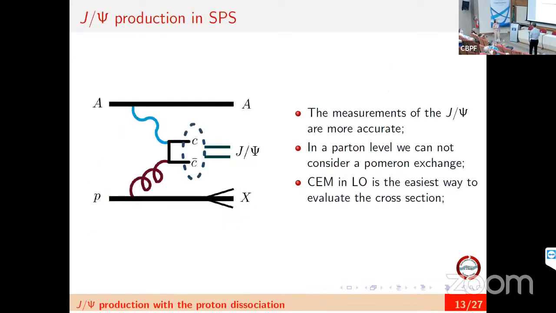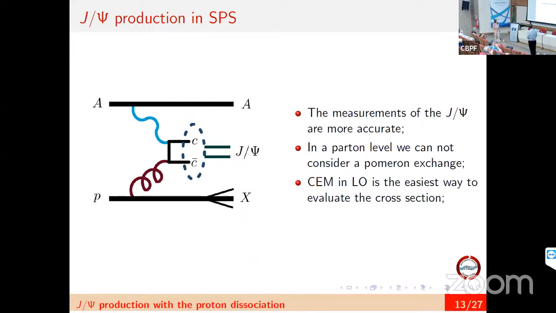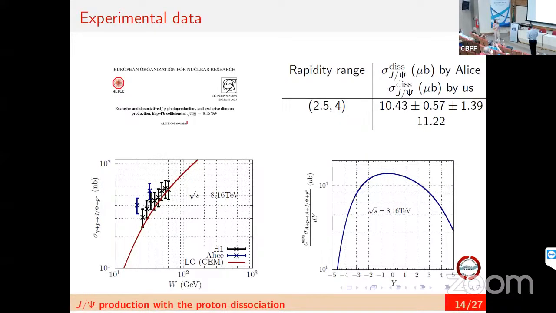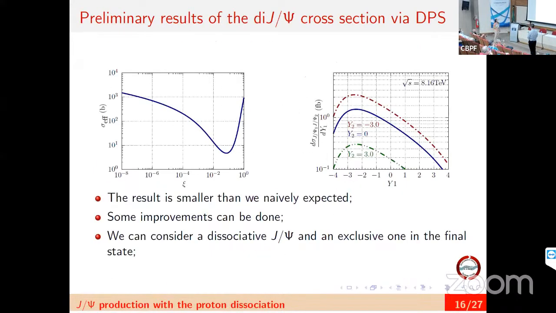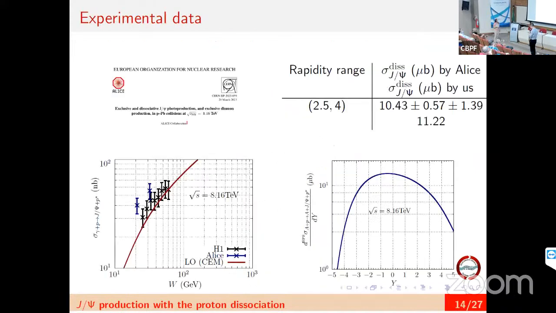Because we can think that double parton scattering must be considered in some kinematic regions. Actually, they can make some difference. Our preliminary result is very low, but also we can get some insight into the parton distribution by looking at double parton scattering.